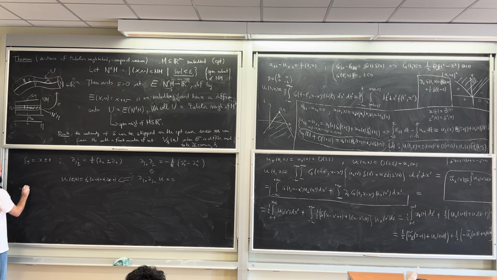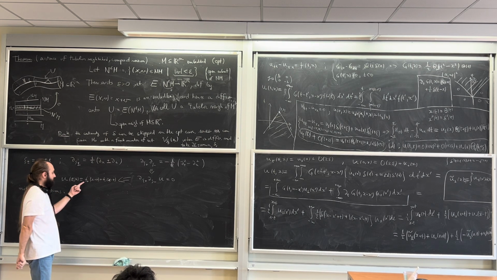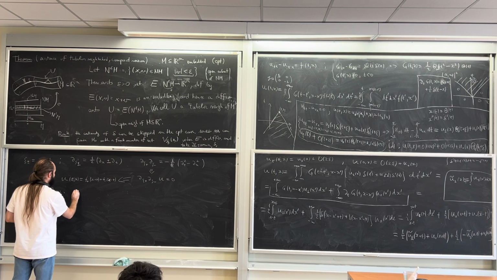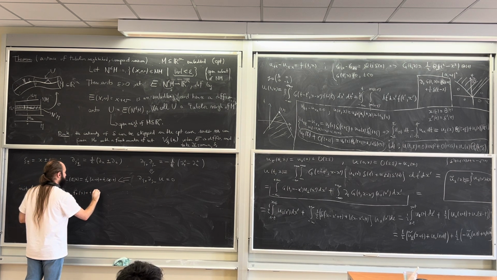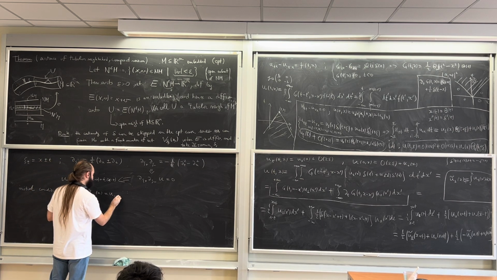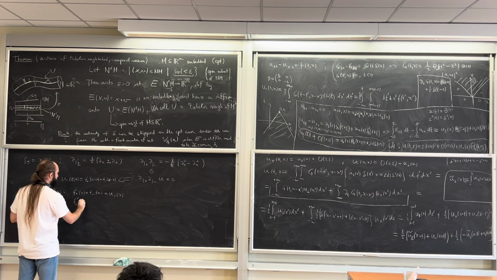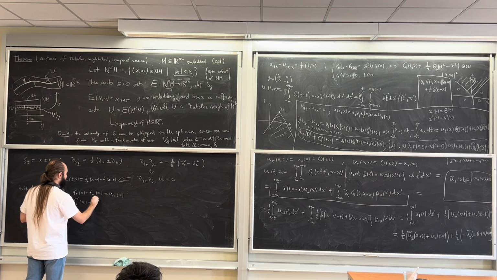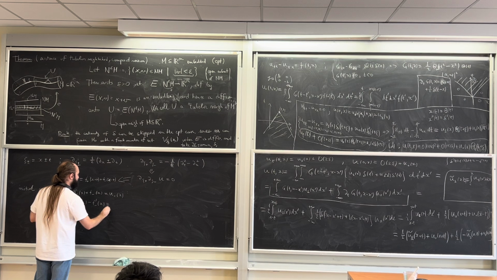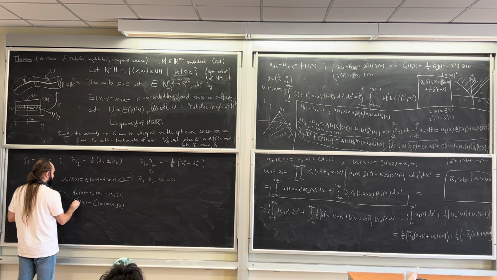then we can just solve a pair of equations: f plus of x plus f minus of x equals u0 of x, and f plus prime of x minus f minus prime of x equals u1 of x.